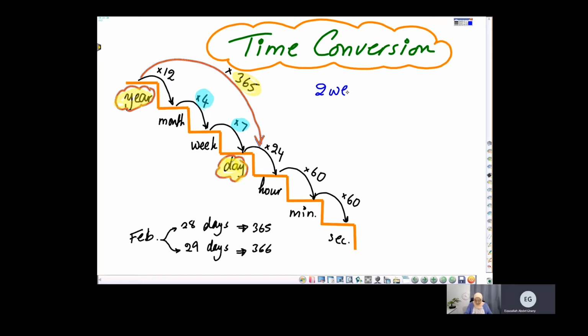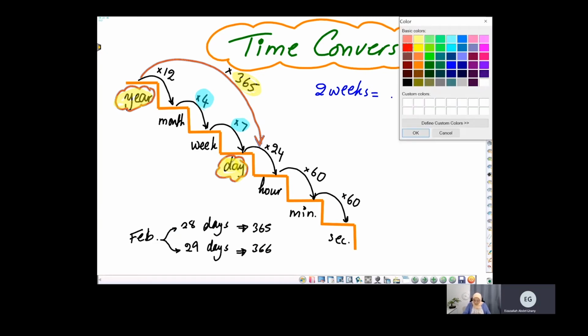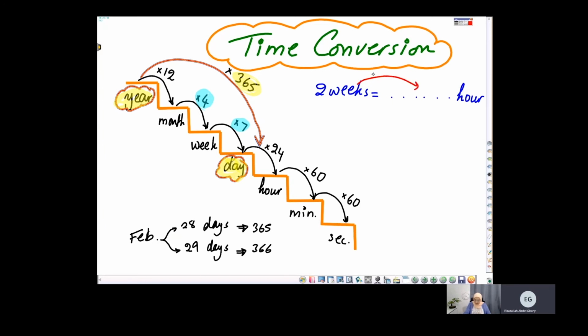Two weeks is how many hours? So you have to multiply this 2 by 1 week is having how many days? 7 days. And 1 day is having how many hours? 24 hours.